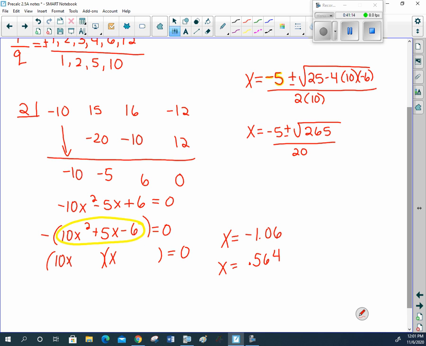So in your calculator, go -5 plus the square root of 265. Then I would hit the enter button and then divide by 20. Did that match? It's -1.06 and 0.56. Oh, good. That makes me happy.